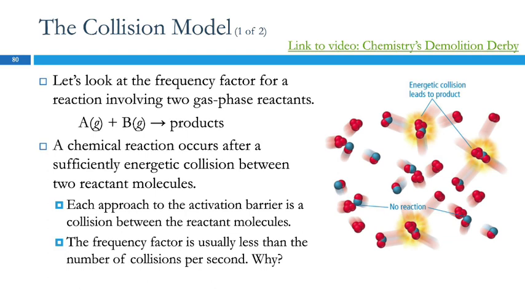Each collision represents an approach to the activation barrier. So the frequency factor is usually less than the number of collisions per second. Any ideas why?